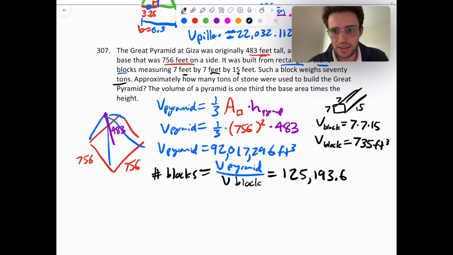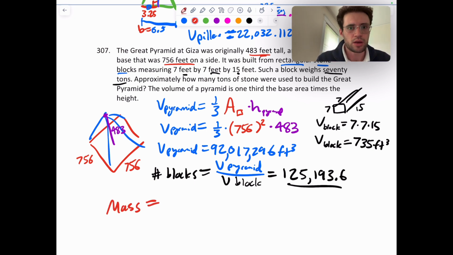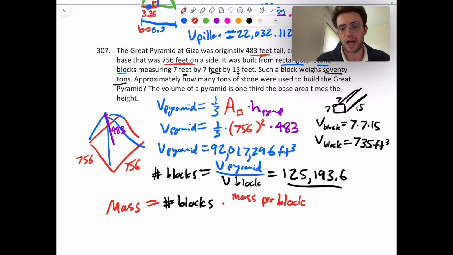All right, so if we know there are that many blocks and each block has a mass of 70 tons, then we just multiply 70 tons times this number of blocks here. And so our mass would be equal to the number of blocks times the mass per block. And mass per block is 70, as they said.